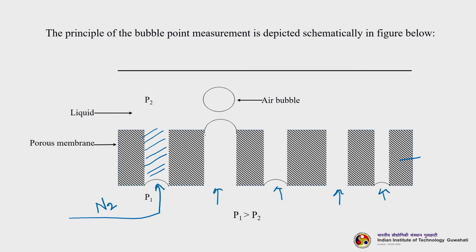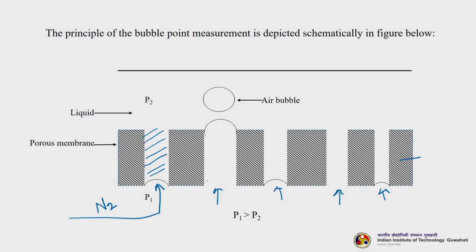Nitrogen will try to pass through the pores of the membrane. Initially, the largest pores will be emptied, because the pressure required to empty a large pore is much lesser than that required to empty a small pore. So, the pore size actually matters.